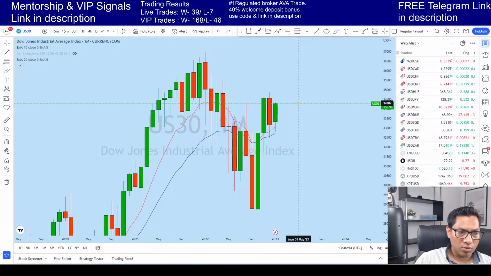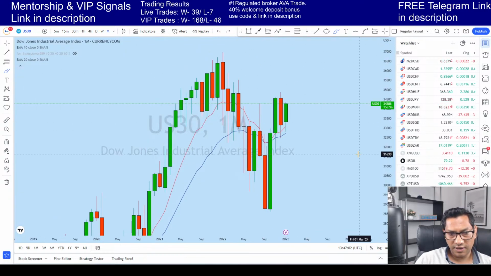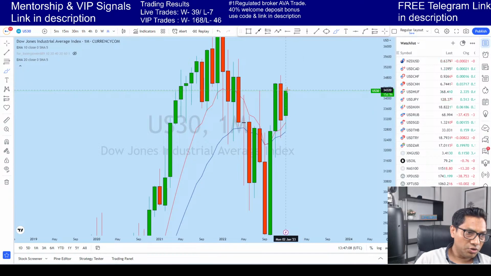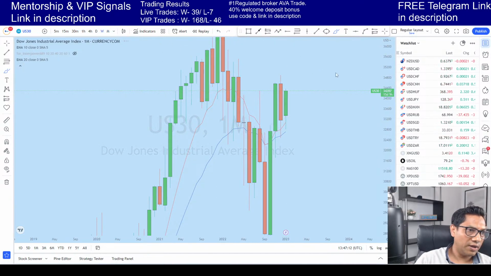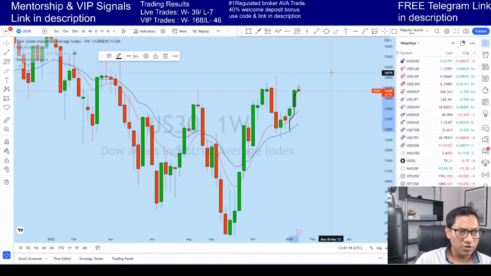Now the question is, is it breaking and going to continuation, or is it coming back again? I think that, let's say if you see gold reverse, dollar reverse from this zone, we might see a drop again on US30. But let's look at the lower time frame, what it is saying. From the weekly perspective, very strongly bullish.